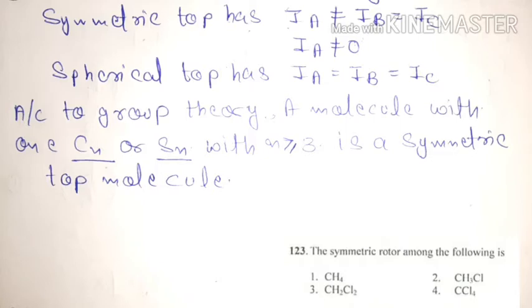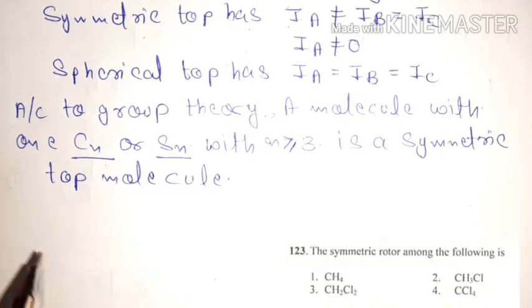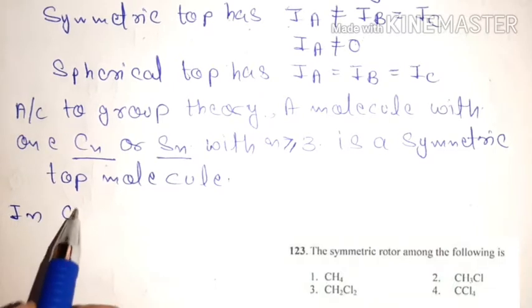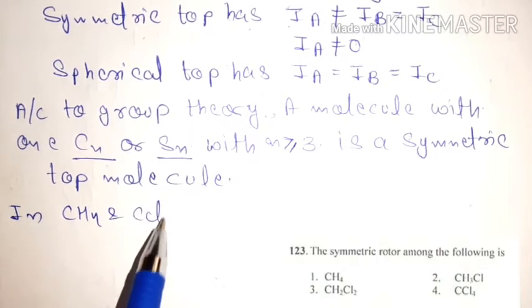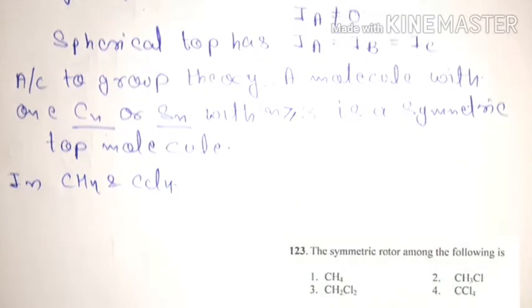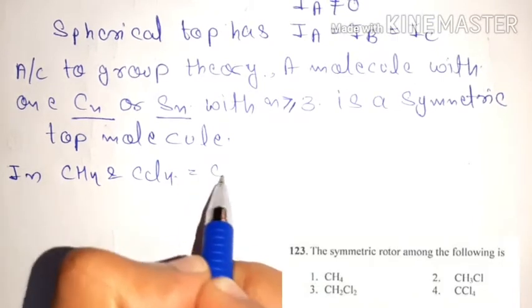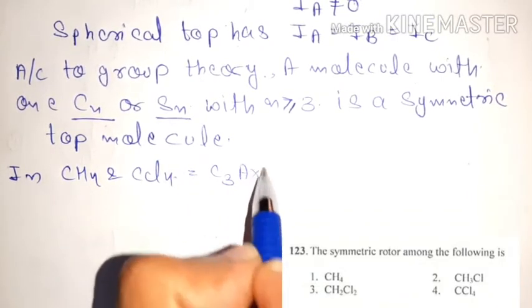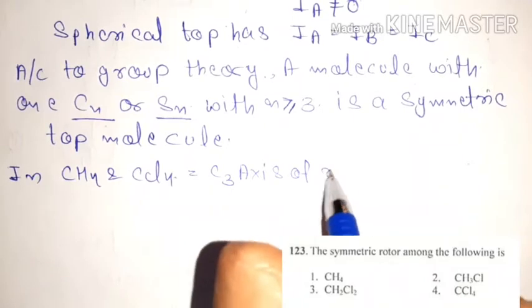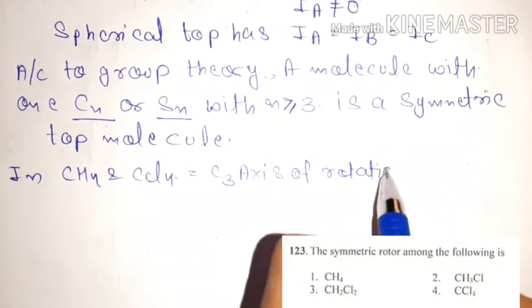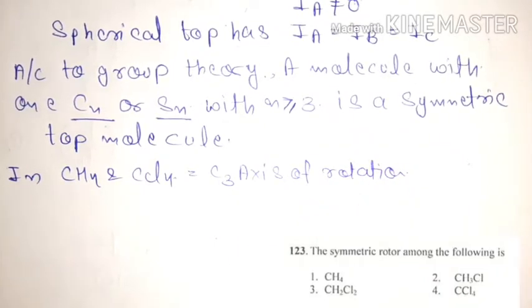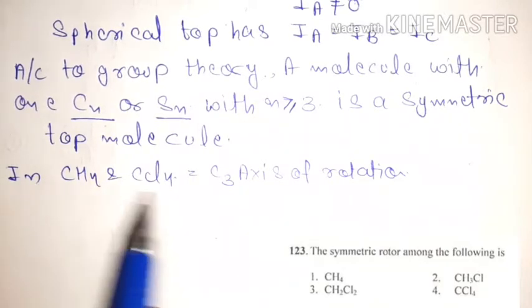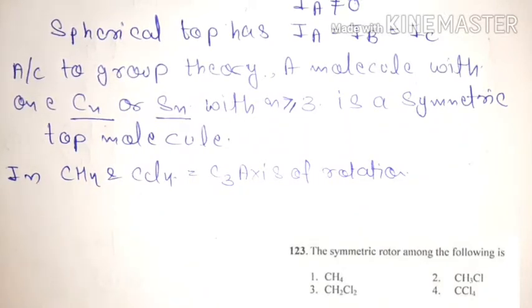But when you see option first and fourth, that is CH4 and CCl4, both have a C3 axis of rotation, so according to group theory they will be symmetric top molecules.